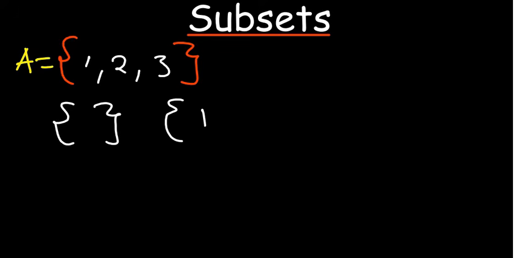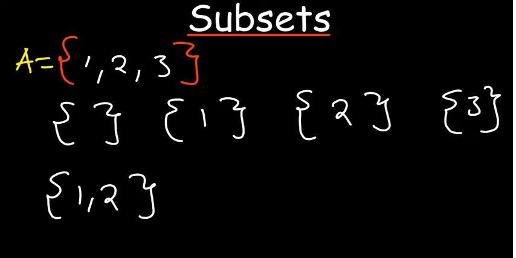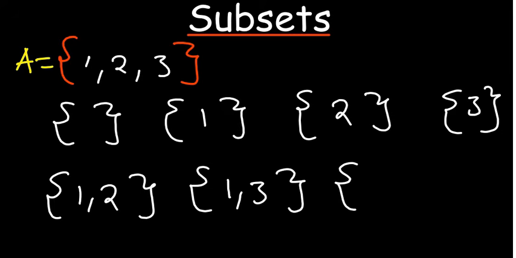A set only containing 1 is a possible subset. A set only containing 2 is a possible subset. A set only containing 3 is a subset. Which other sets can you think of? We can have a combination of 1 and 2 as a set. We can have a combination of 1 and 3 as a set. We can have a combination of 2 and 3 as a set.